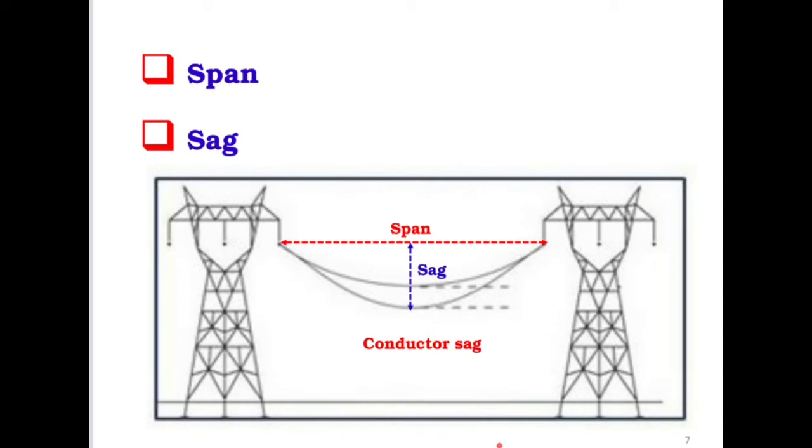Apart from that, wind forces that I mentioned will apply onto this one and cause the conductor sag to change. Again, ice deposition can change the sag because when ice gets deposited on it, it will increase its weight artificially, and then sag will be more.